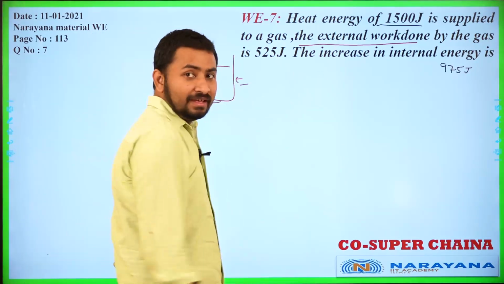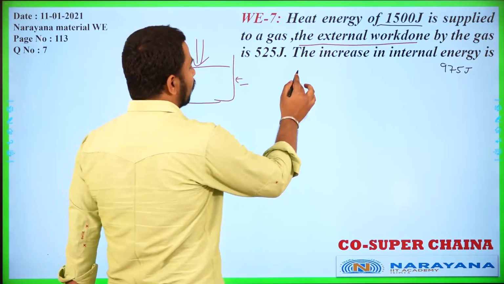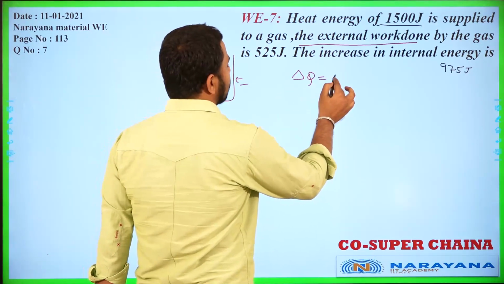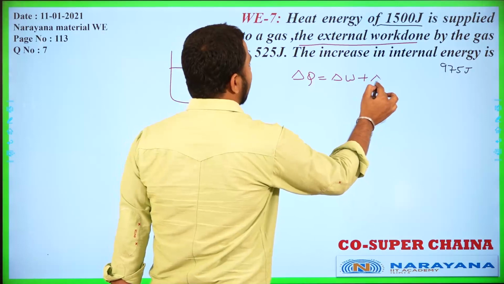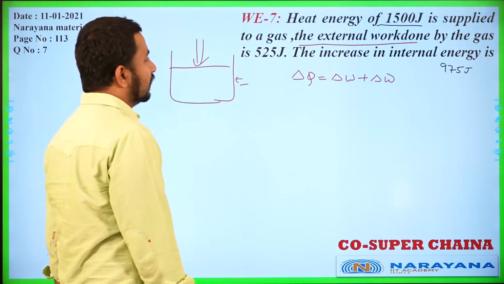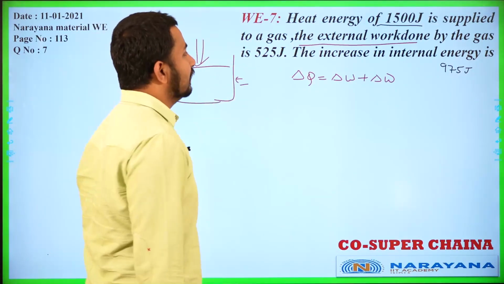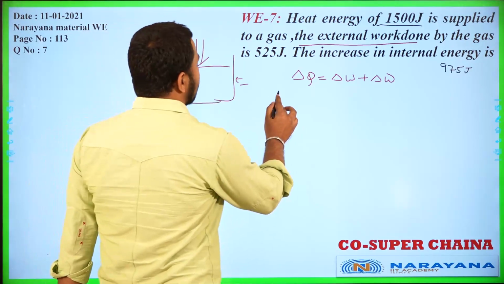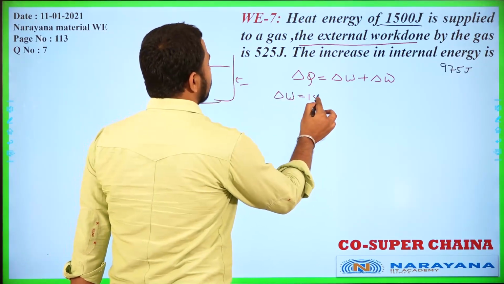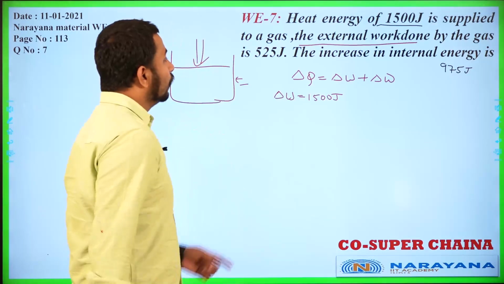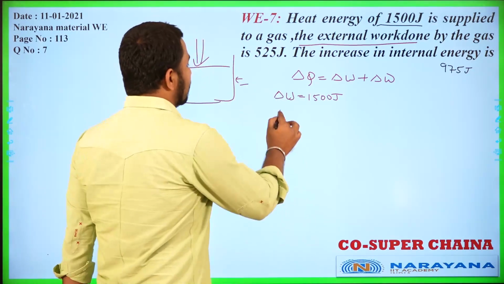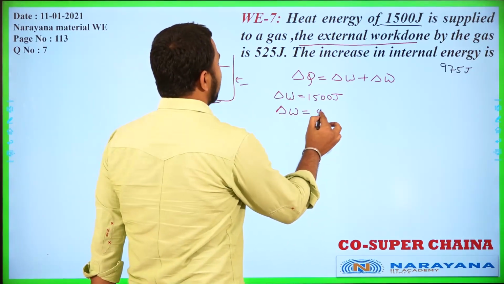If we apply the first law of thermodynamics, delta Q is equal to delta U plus delta W. Here heat energy is supplied, so delta Q will be 1500 joule. Work done by the gas, delta W, is given here as 525.